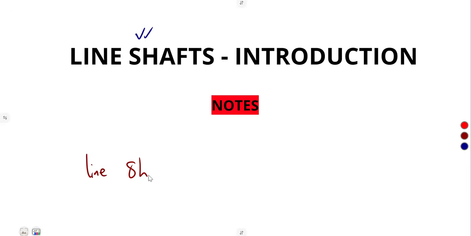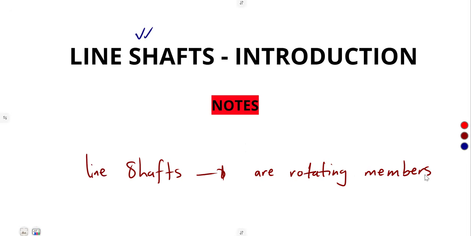When you consider the line shafts, we are simply saying these are rotating members which are being driven by a motor.